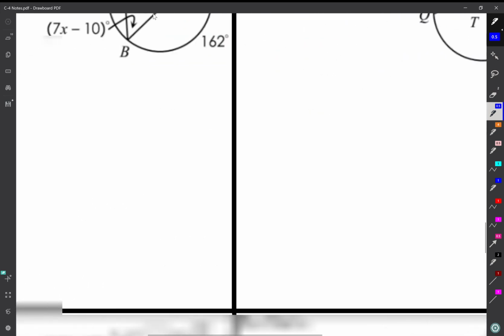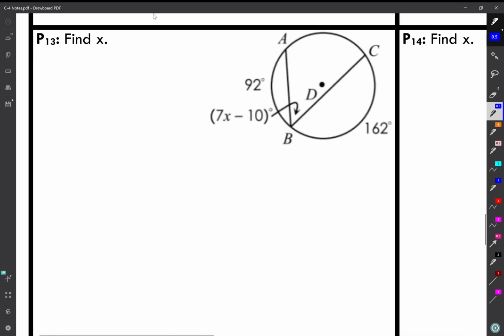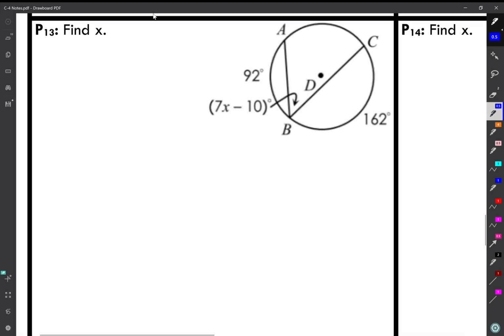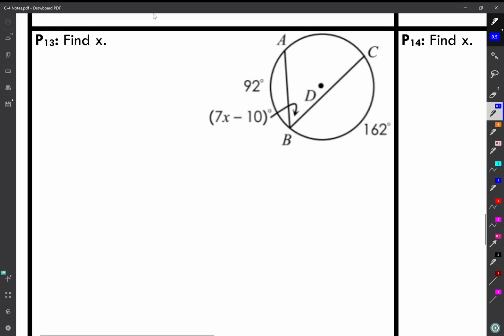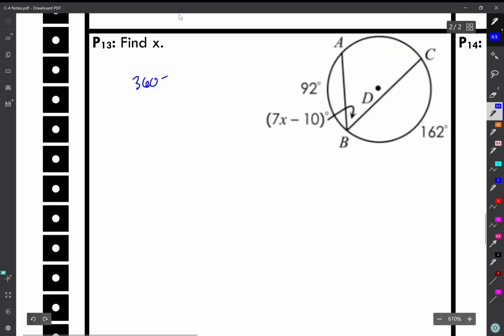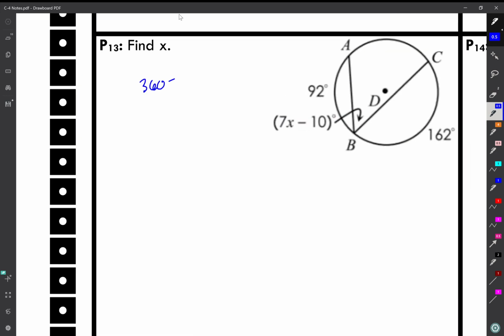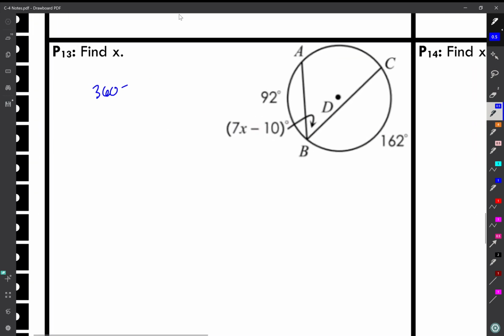Awesome. Number 13, excuse me, sorry. Now this one, we're going to find the arc AC right here by doing 360 minus 92 minus 162 to get that the arc measure is 106 degrees.